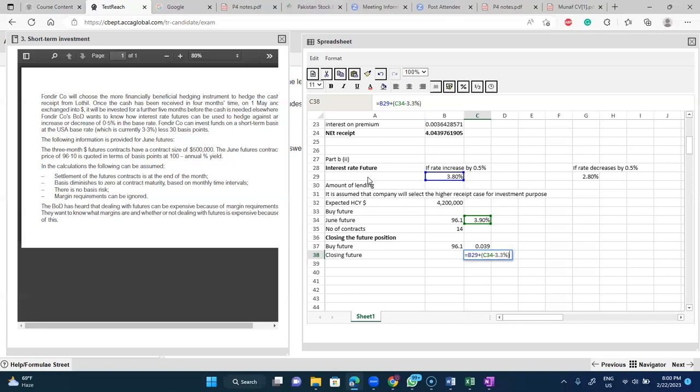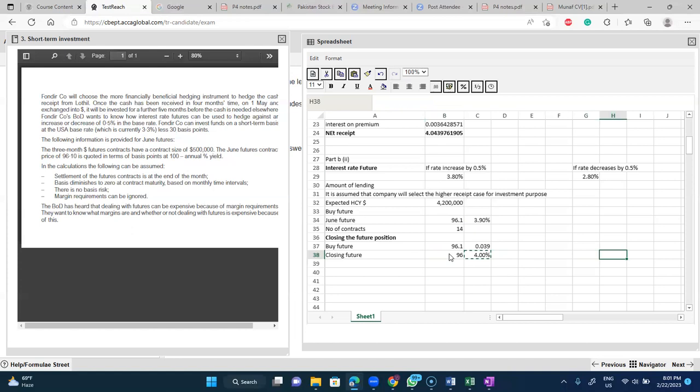So we are standing at 1st January, we are selecting the June contract and we are executing the contract on 1st May. So that is into 2 divided by 6. So 4%.